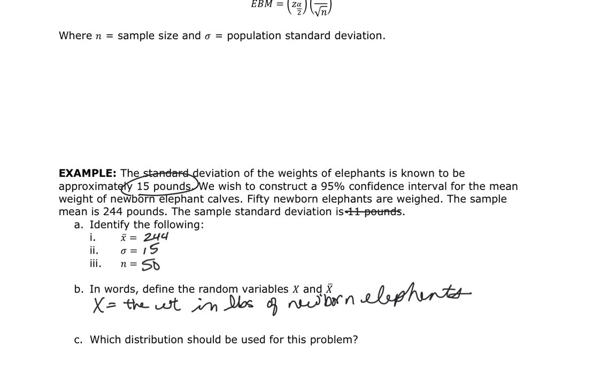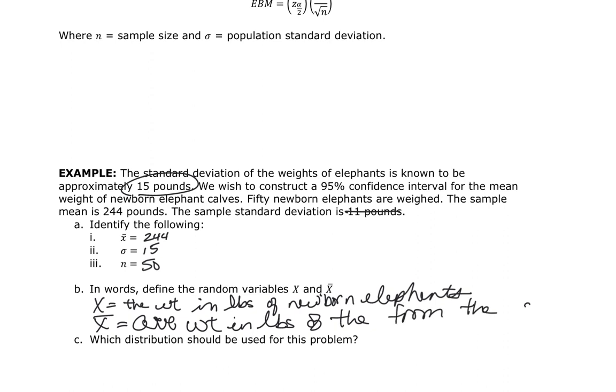And then the X bar, again, is a random variable and is the average weight of the sample. So X bar is sample, X without the bar is for the population. So this is going to be the average weight in pounds of the newborn elephants from the sample.